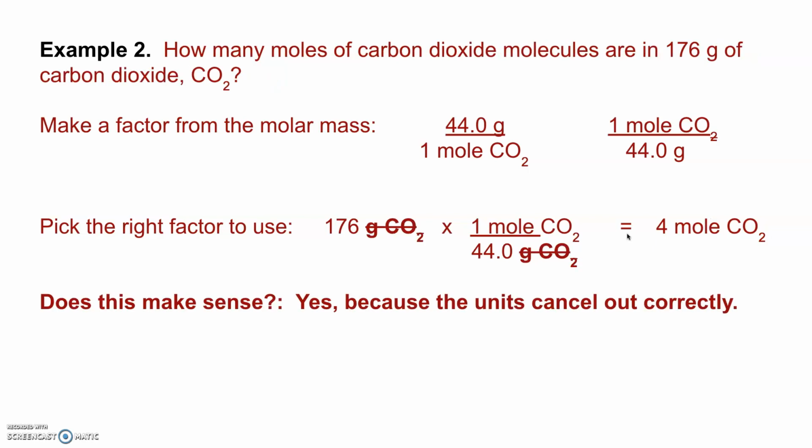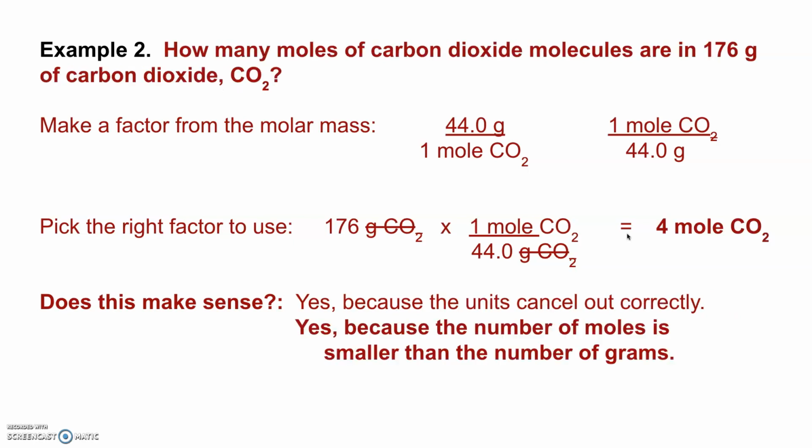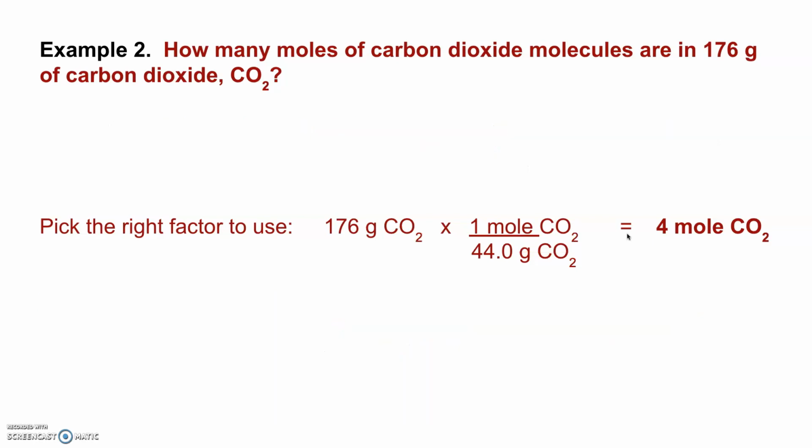Does that make sense? Yes, our units cancel out correctly. And also yes, because the number of moles is much smaller than the number of grams. 1 mole is much smaller than the number of grams in 1 mole. So 4 moles ought to be much smaller than the number of grams in 4 moles.